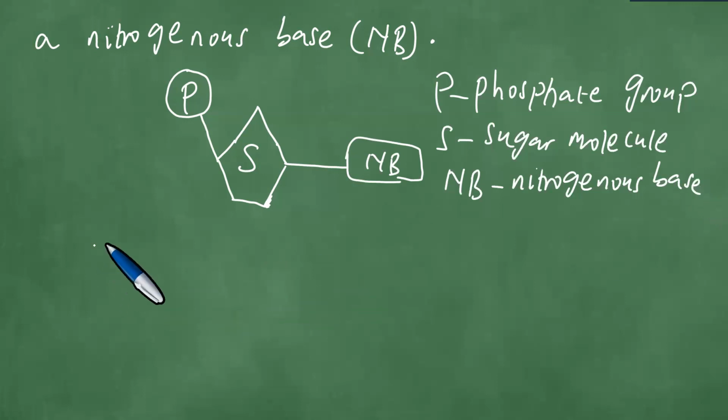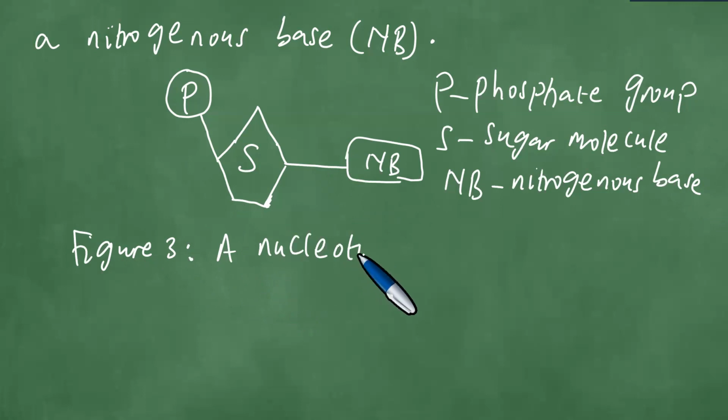Now, this figure 3, what is this figure about? This is figure 3 in our case, and this is what we call a nucleotide. This is the basic structure of a nucleotide.